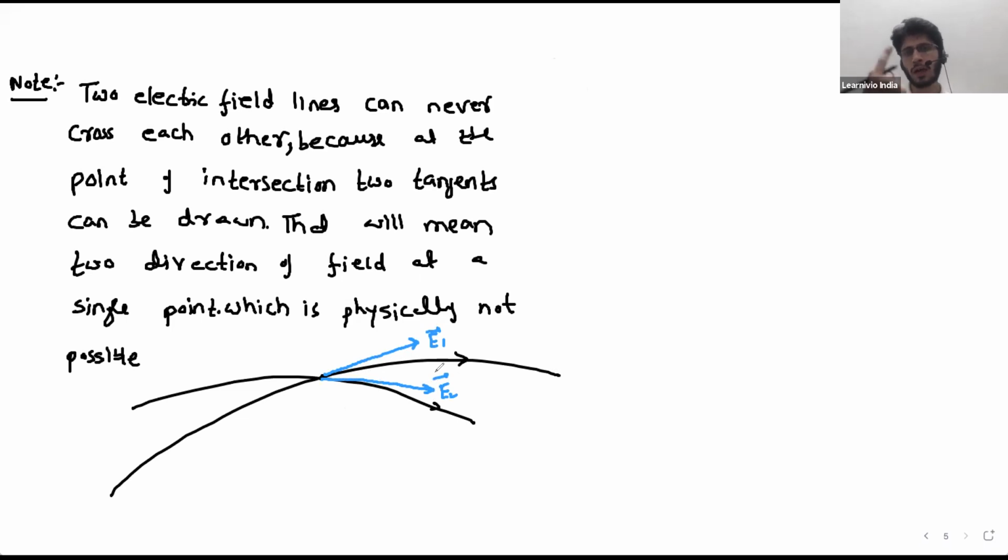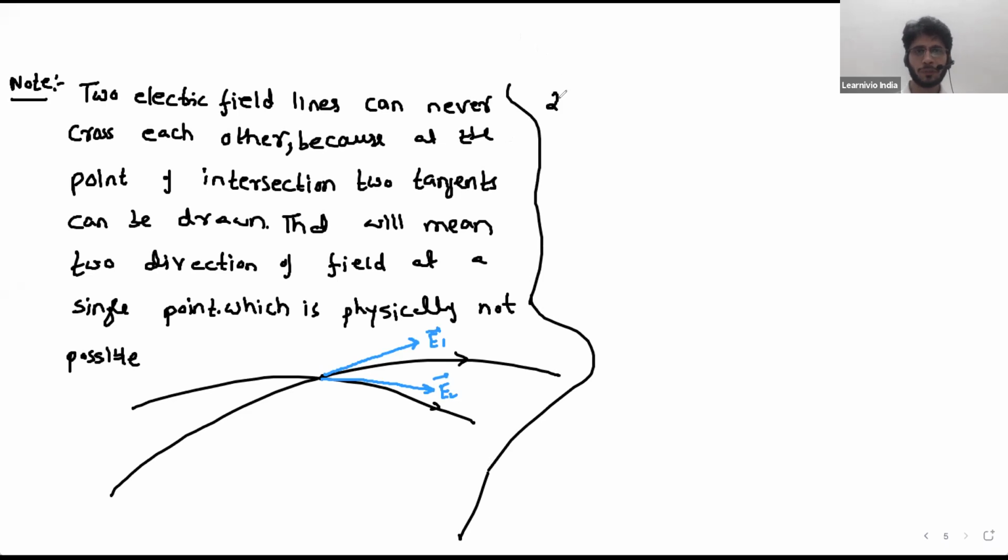At one point you can have one direction of field only, but this intersection would show two directions of field at a single point, which is not possible. That's why two electric field lines will never cross each other. Is this explanation and this statement clear? Yes, sir. Okay.